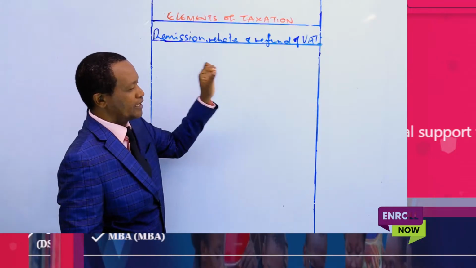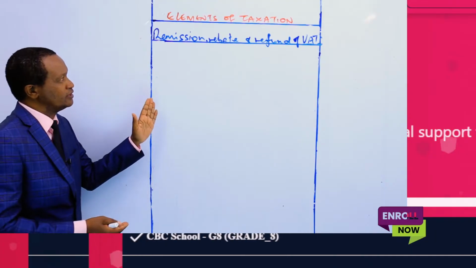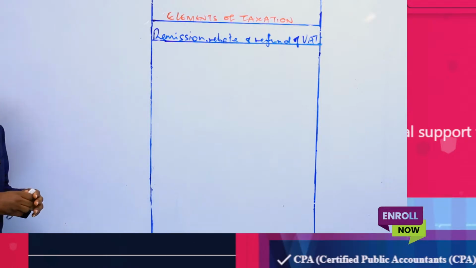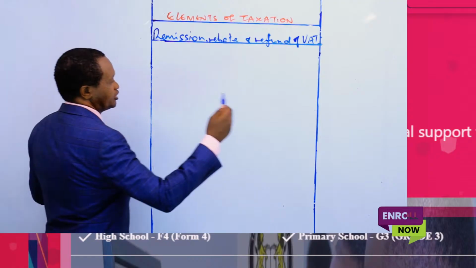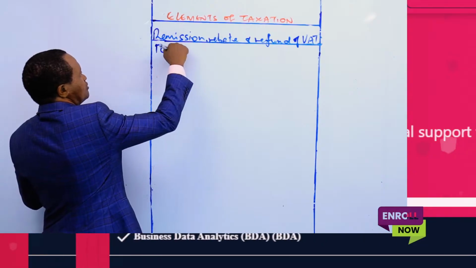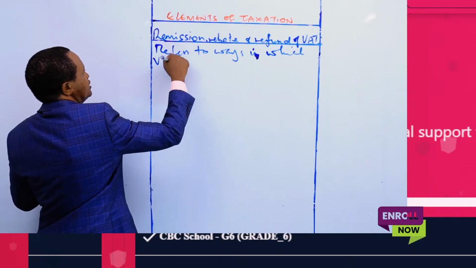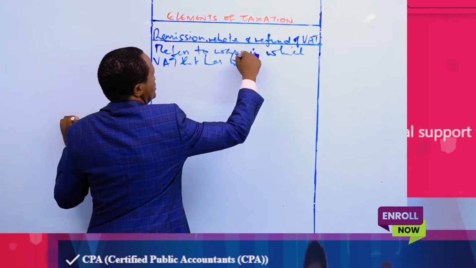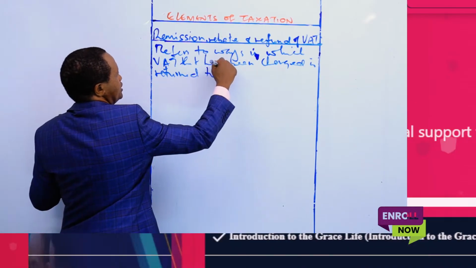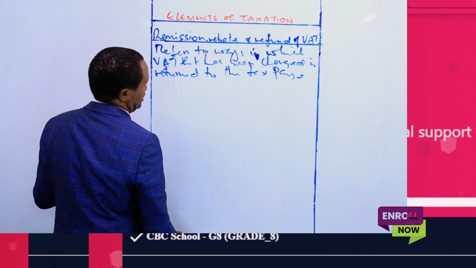Generally, these three, rebate, remission, and refund, refer to ways in which VAT that has been charged is returned to the taxpayer. But the three are used in different circumstances.